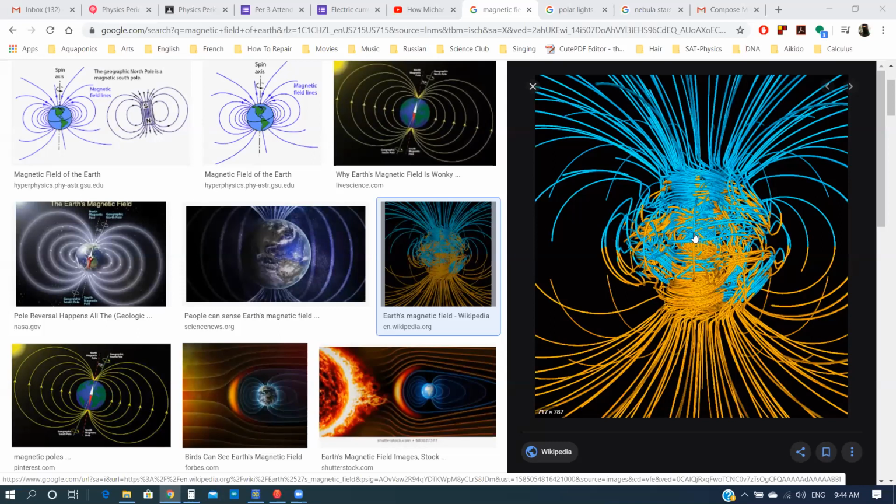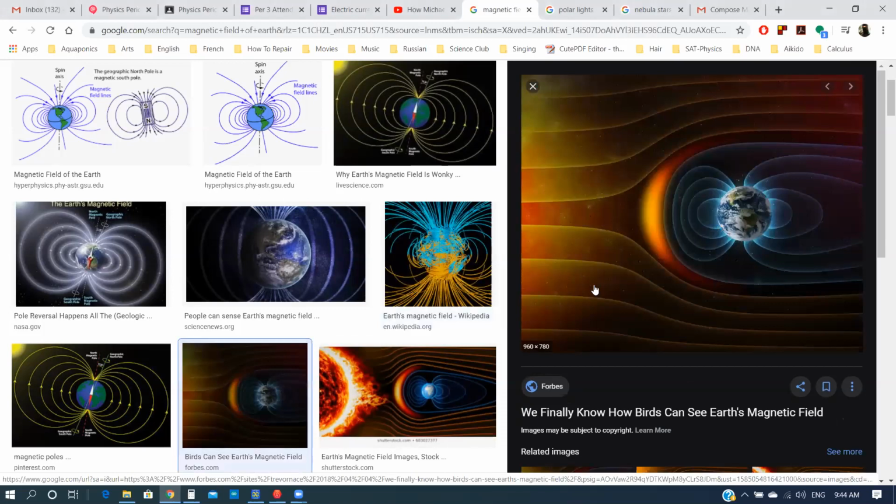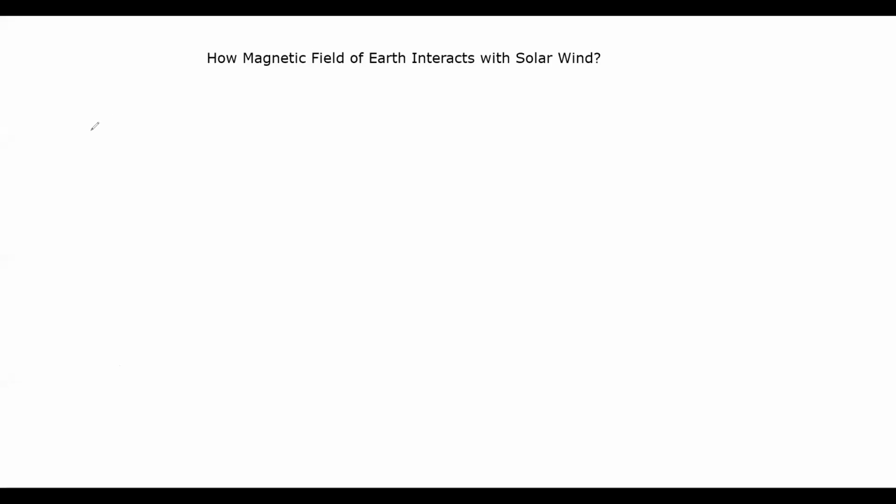Now, if you look at the interaction of Earth's magnetic field with other fields, specifically with the field generated by the solar wind. Solar wind is basically plasma. I'm going to write it down on the screen, and I'm going to come back to this. So, solar wind is a flow of particles, primarily protons and electrons.